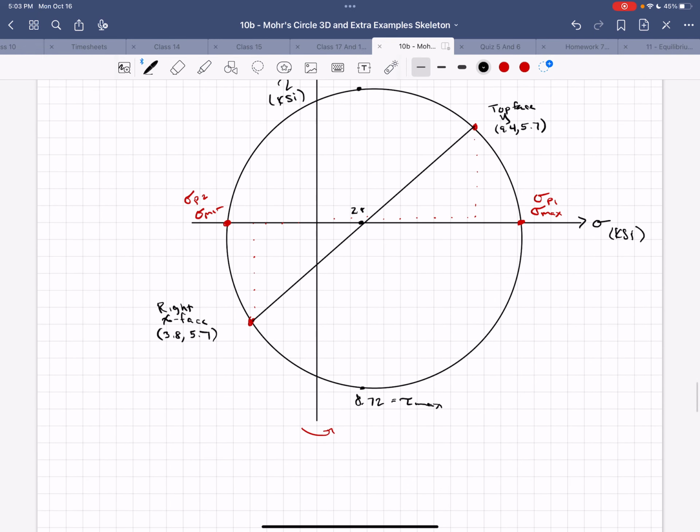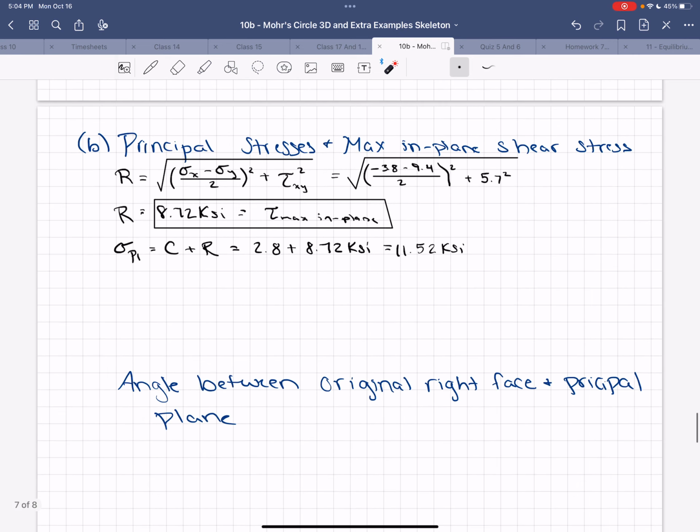Let's label it. This is 11.52 KSI. You could do a quick check. This number is bigger than this number. That's good. It better be. If it's not, better check again. Okay. Sigma P2 equals the center of the circle minus the radius. So that's 2.8 minus 8.72, both KSI.